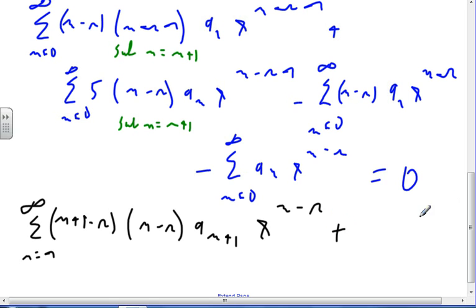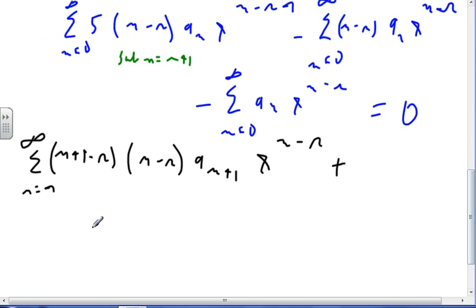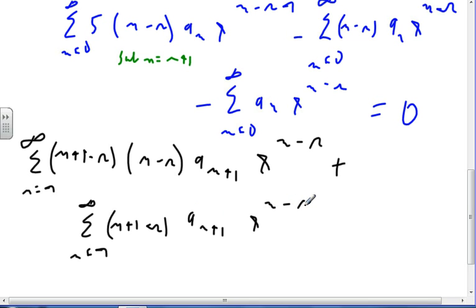plus summation n equals minus 1 to infinity of 5(n plus 1 minus r) a_(n+1) x to the n minus r, minus summation n equals 0 to infinity of (n minus r) a_n x to the n minus r.